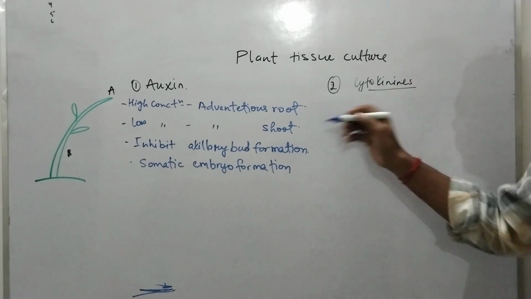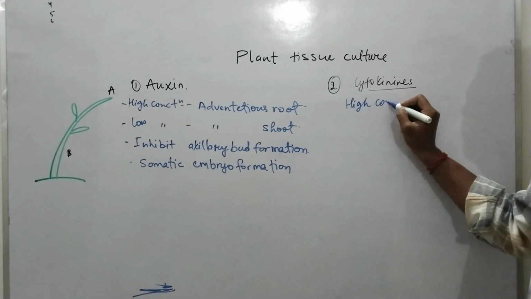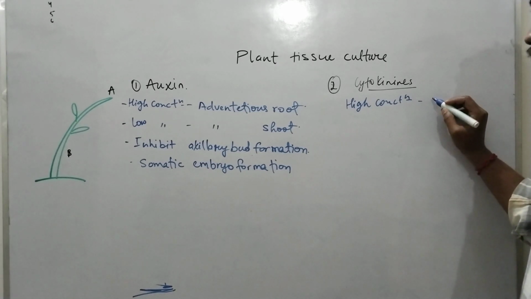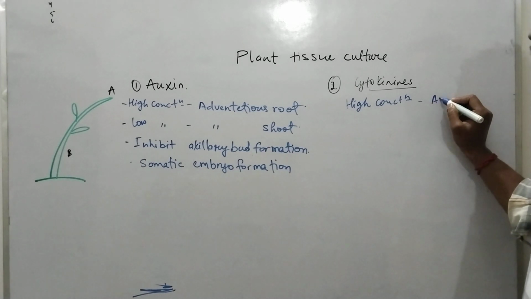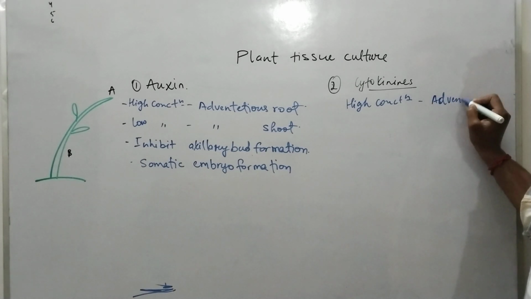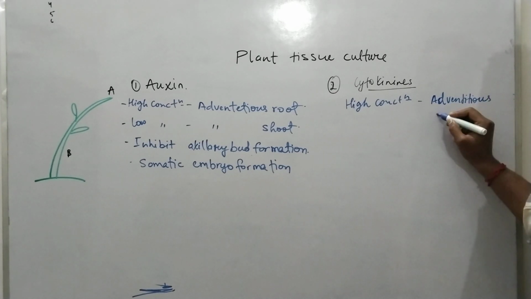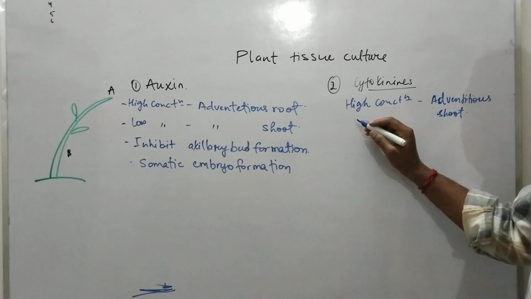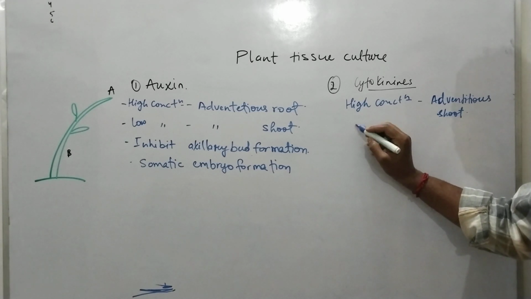If you see, at high concentration, cytokinin causes adventitious shoots to form.